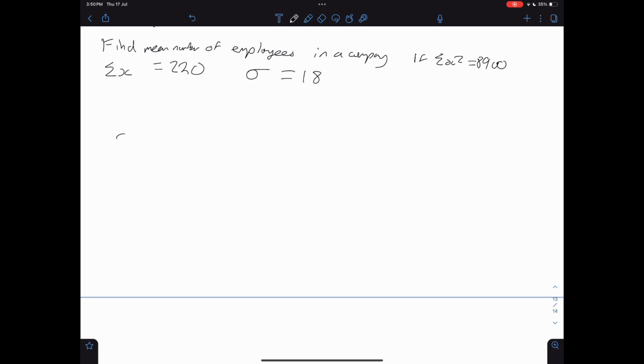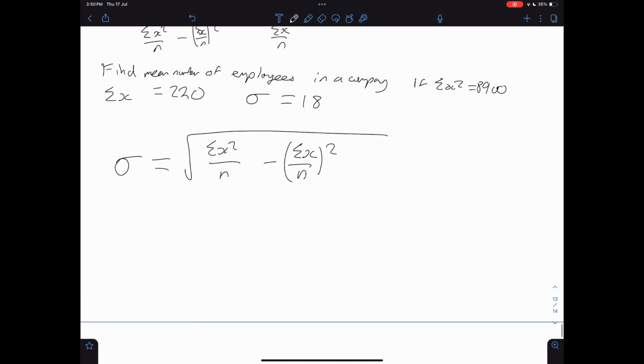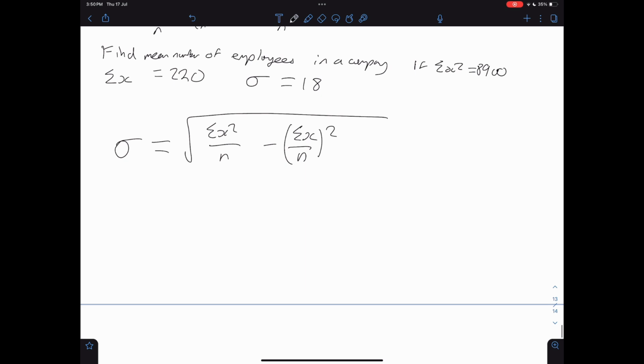So have a look at your formula. Standard deviation is the square root of sum of x squared over n minus sum of x over n squared. And by the way, the n is the number of employees.